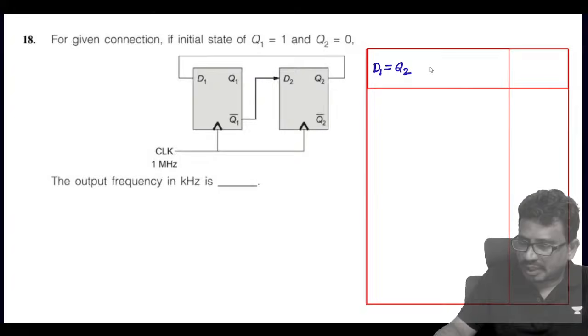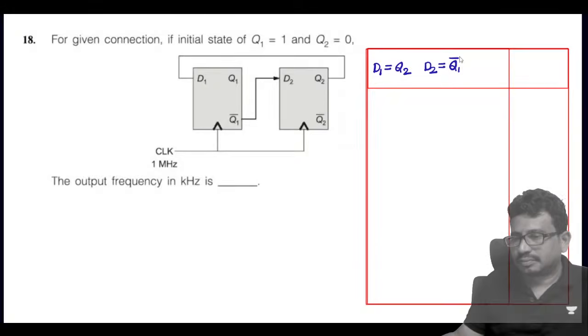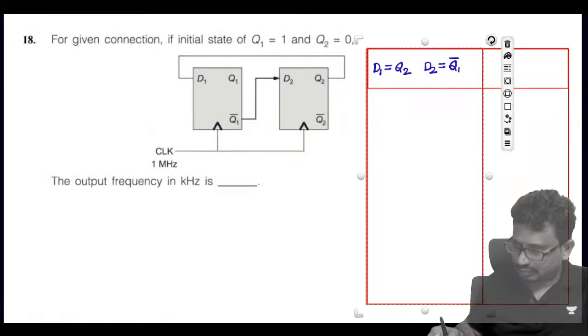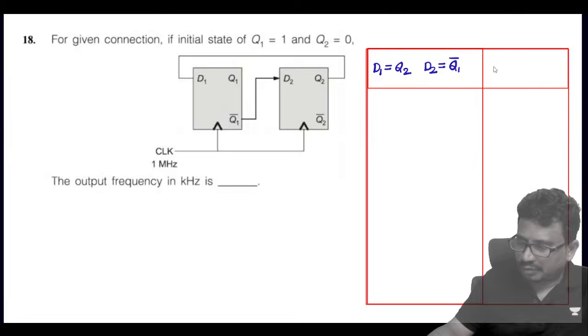And D2 is equal to Q1 bar. And we have this is Q1 plus and this is Q2 plus.